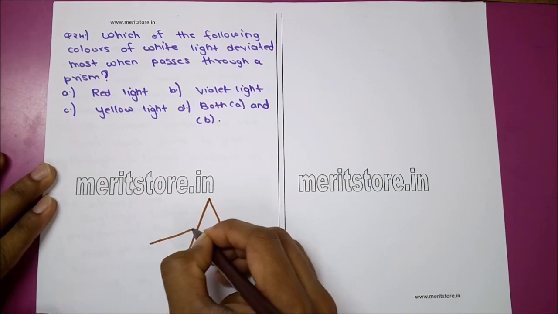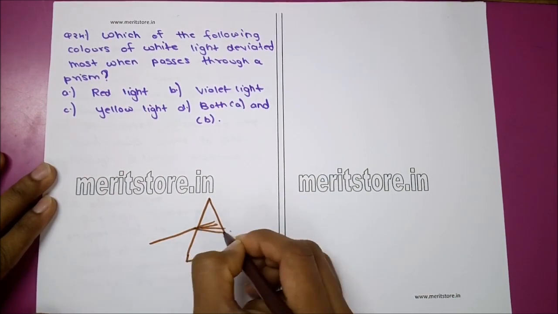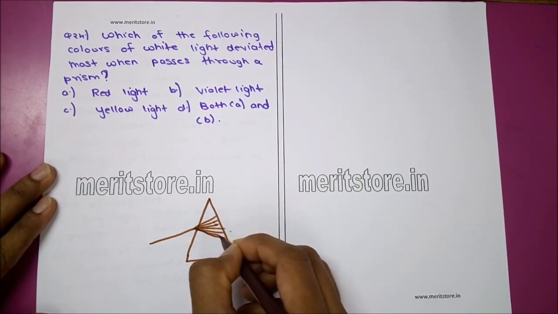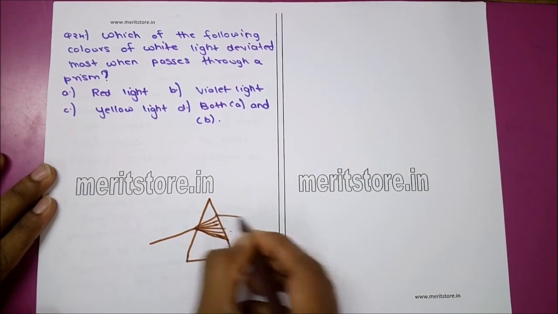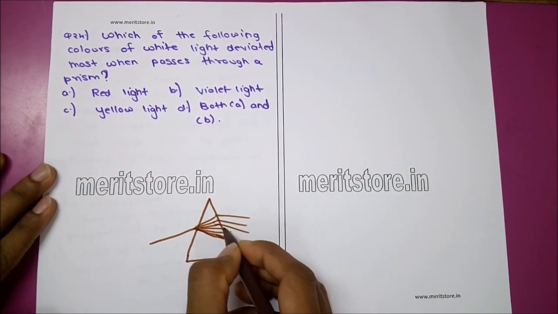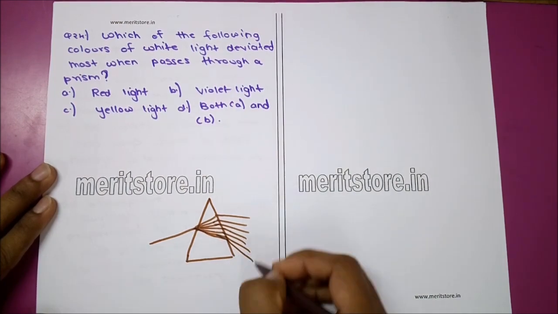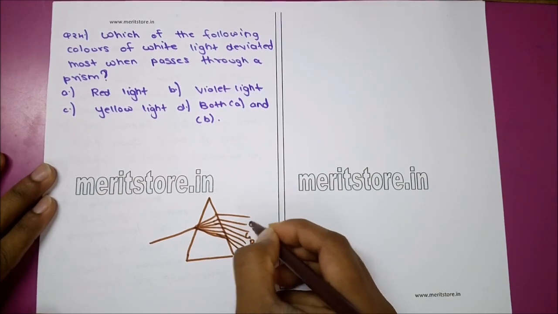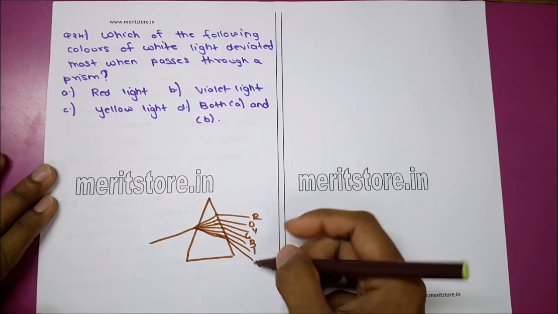When a white light is incident on this, it comes out in the form of 7 different colors of the rainbow. That is V, I, B, G, Y, O and R, in the form of VIBGYOR. Those are the colors of the rainbow.